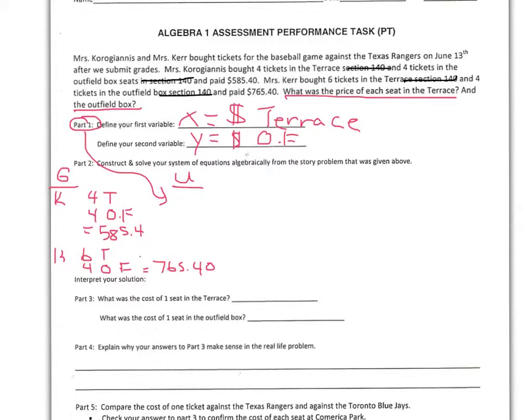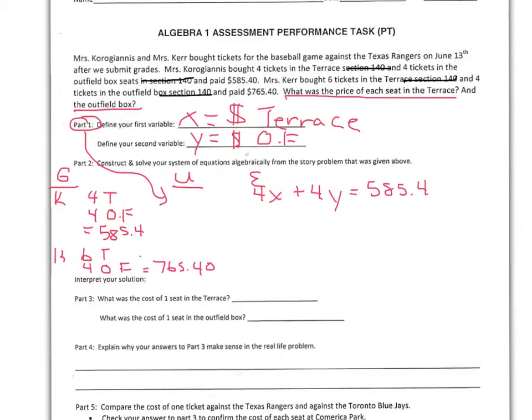of the outfield tickets. Now to do the hard part, you want to make sure that you construct the equations correctly. It's the 4x because you bought 4 terrace tickets, and then 4 outfield tickets, and Mrs. Corrigan has paid that much.